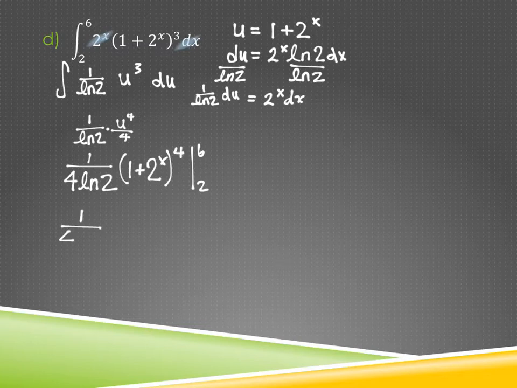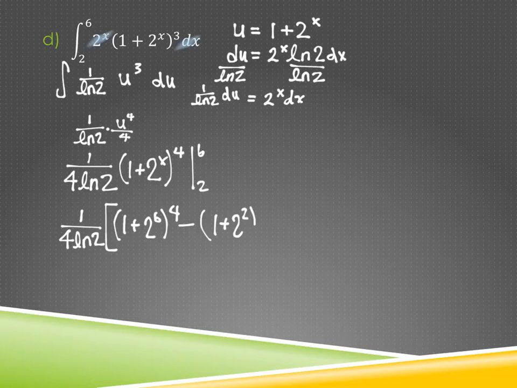So I've got 1 over 4 natural log of 2. And I'm going to plug the numbers in. So now I have 1 plus 2 to the 6th, to the 4th, minus 1 plus 2 squared, to the 4th. It's messy, it's ugly, it's simplifiable. You can use your calculator to simplify that, right?